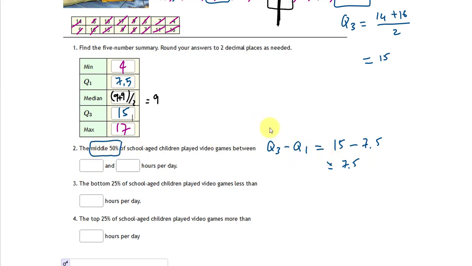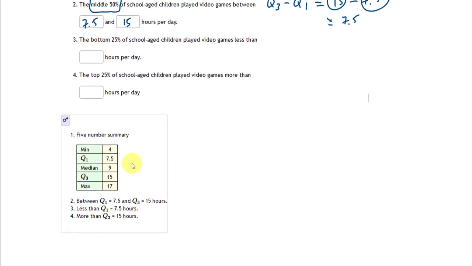So that's going to be from Q1 to Q3, and Q1 is 7.5 hours, up to 15 hours a day. The distance between them is 7.5, but they ask for the interval, the middle 50%, which is Q1 up to Q3. So Q1 is 7.5, Q3 is 15.